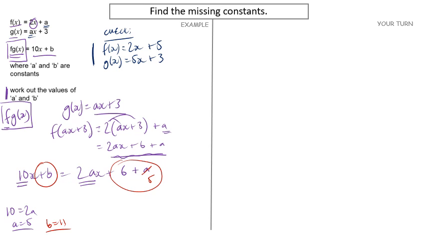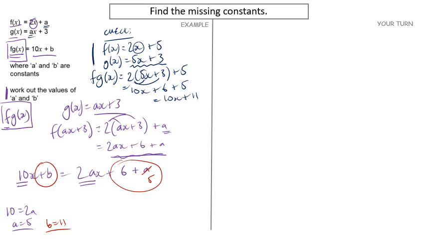Now, if we check f of g of x, so we're taking g of x and we're substituting it into f of x. So 2 times 5x, 2 times 3, that gives us 10x plus 11.